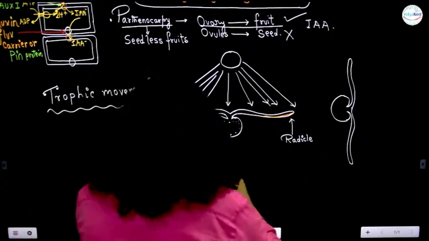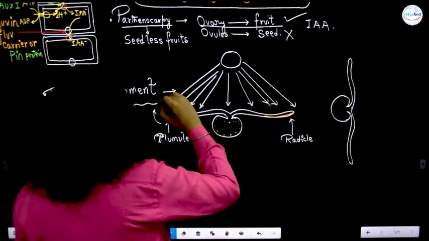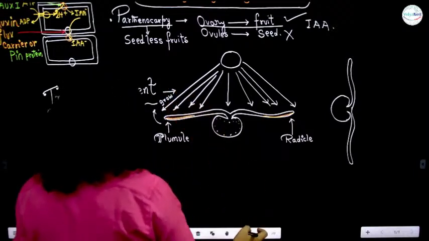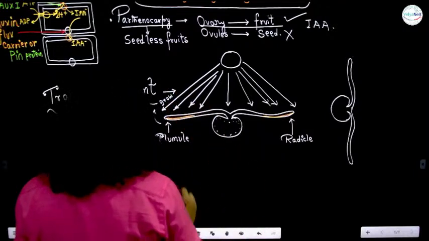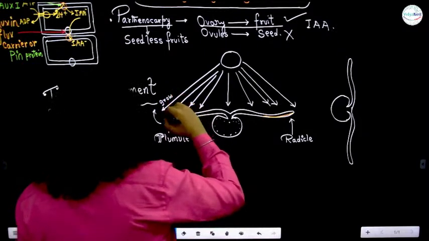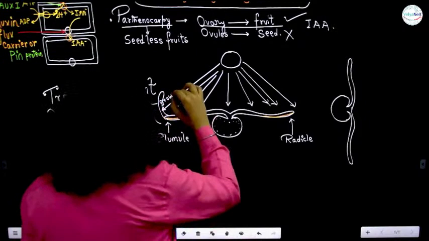That means when the growth takes place at this region, they will grow up like this. Growth will occur in this manner, and gradually in this way the growth will occur.